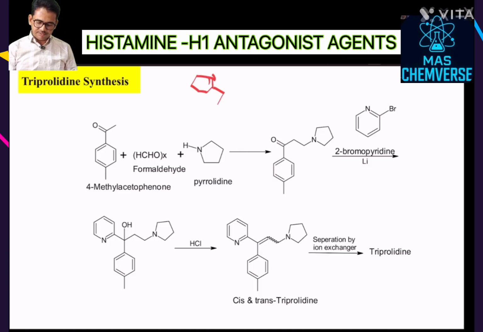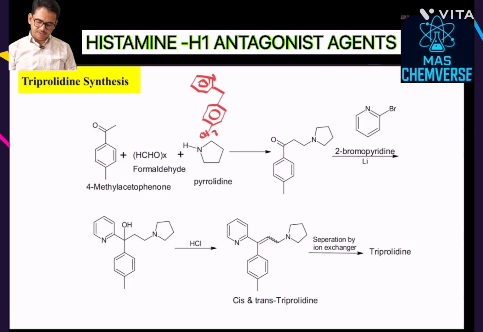Nitrogen it is having here, then another phenyl group which will be attached to the methyl group.